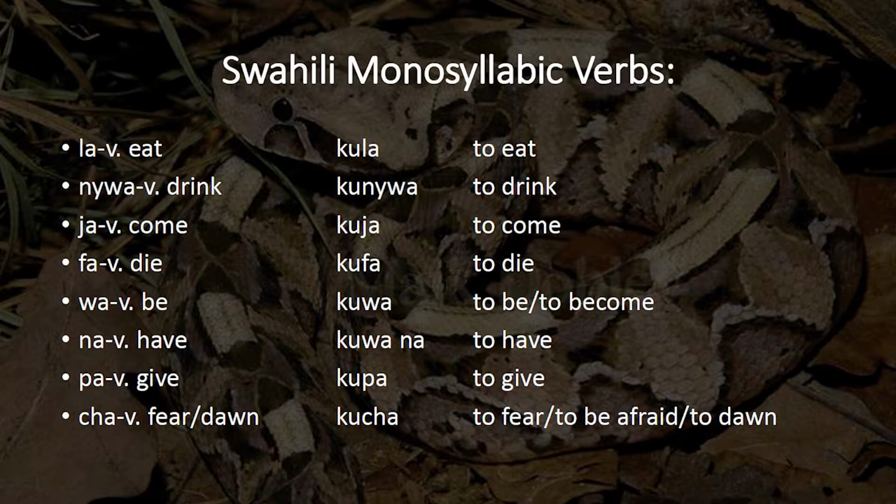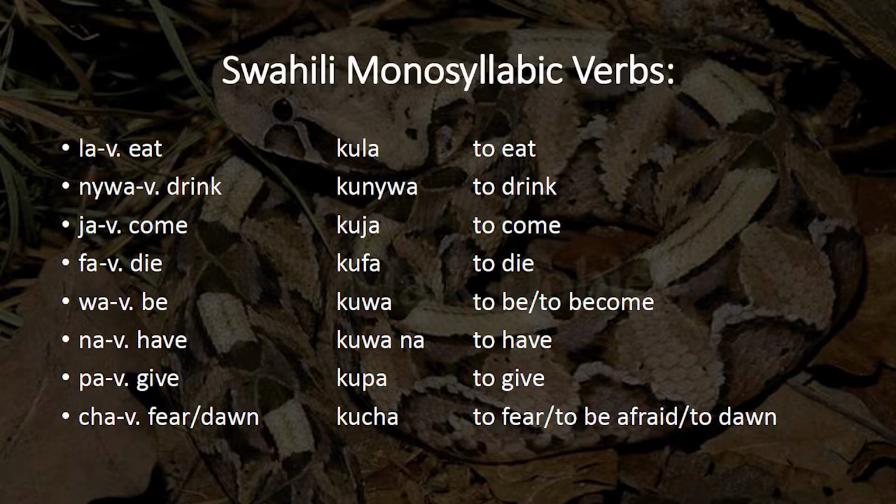However, these verbs, when they stand alone, have an attachment, ku. And the ku, when the verb stands alone, is in the infinitive form. Now, we'll talk about infinitive later, but for the purposes of this lesson, we're going to go over the verb with the ku attached and without the ku attached.